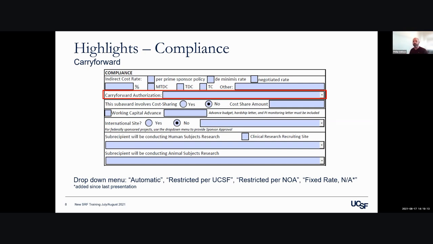So we're trying to have folks have those conversations more upfront, especially as we're seeing more with HRSA, FDA, and CDC, where the carry forward isn't the same as the NIH and what we usually see. So it's definitely important to go back and look at the sponsors' policies.